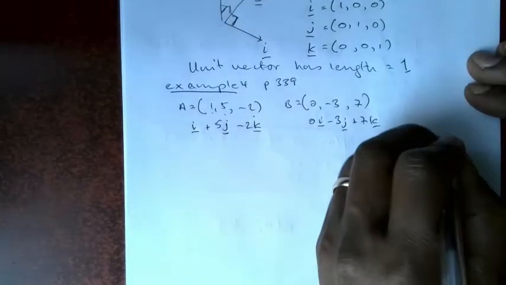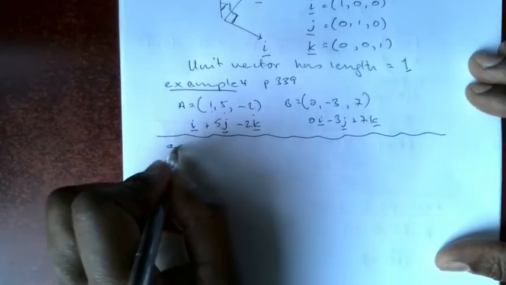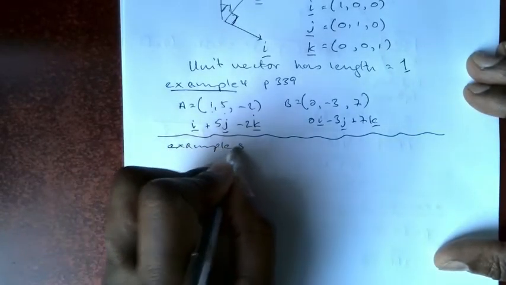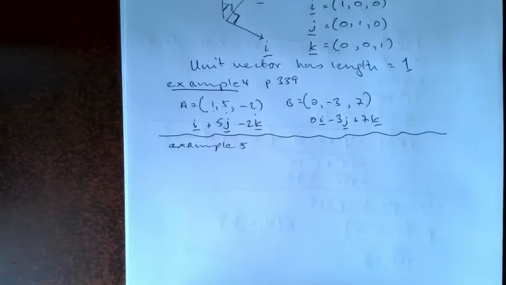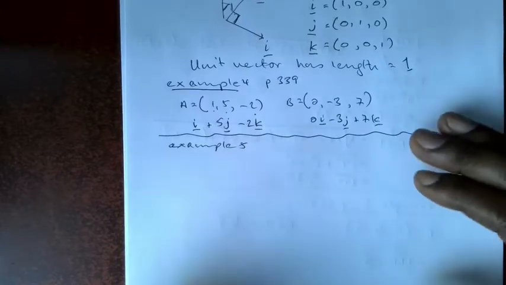If you have a look at example number 5, also on page 339, it's given us the values of a and b, and you want to find 4 lots of a plus b. So you're just multiplying them up.